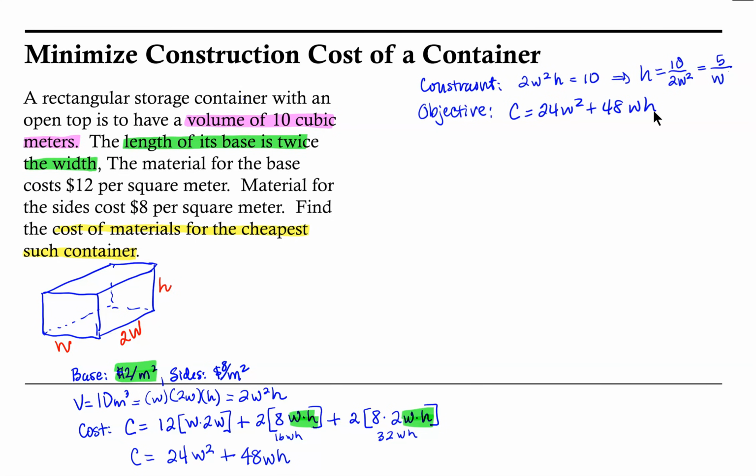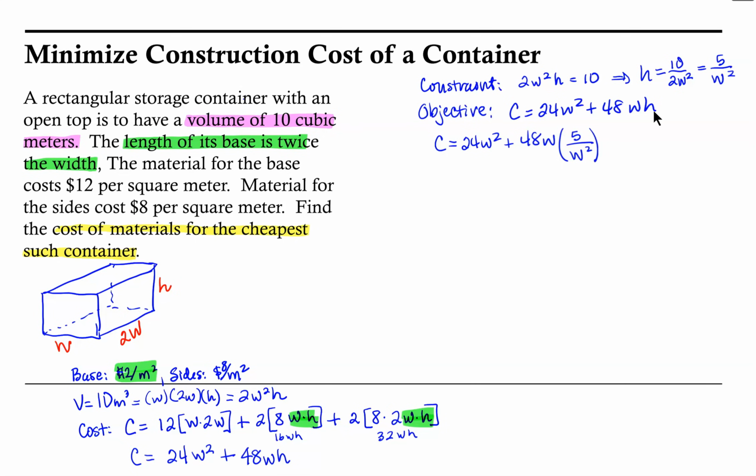Okay, so now let's replace that within our objective function. Our function C is now 24W squared plus 48 times W times 5 over W squared. We can simplify this a little bit.